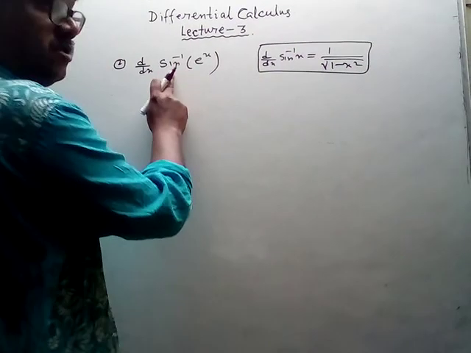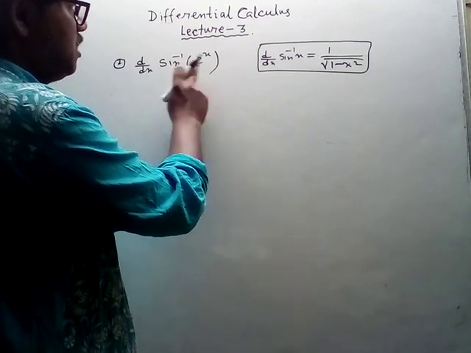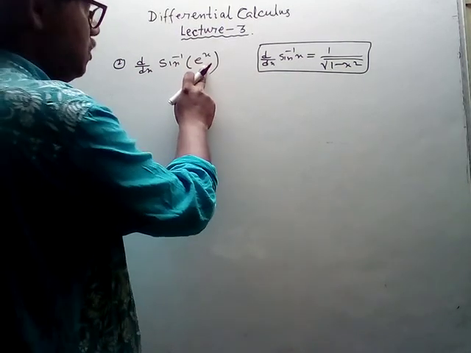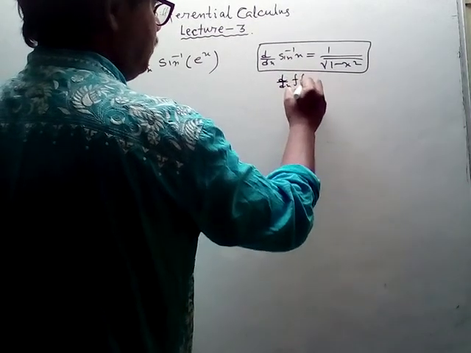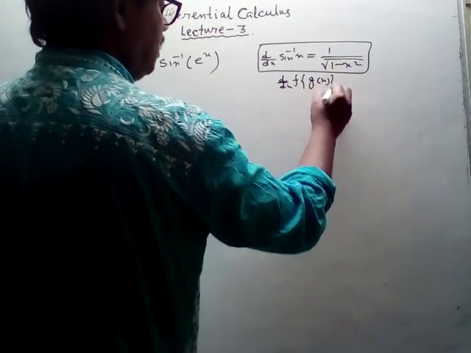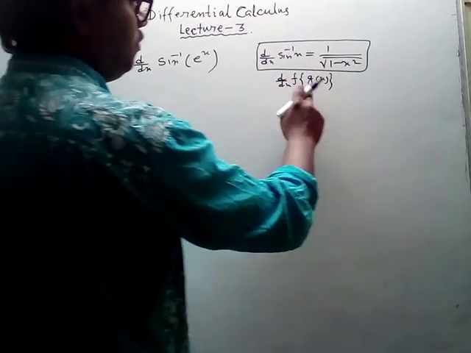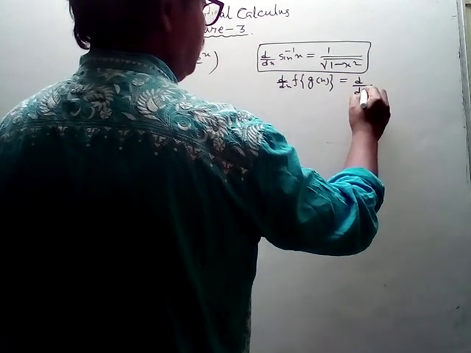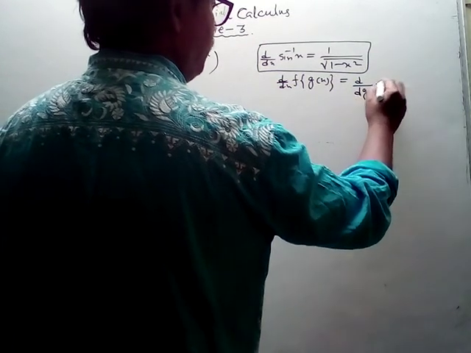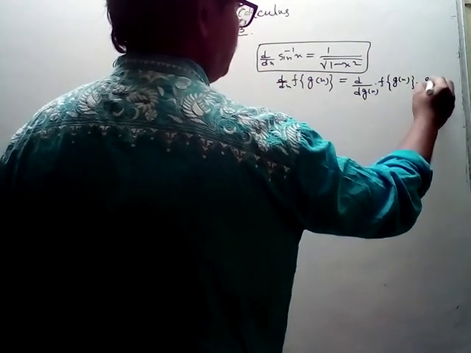Here we have composite functions. One function is the inverse function, sine inverse, the first function, and the second function is the exponential function. In lecture 2, I gave this formula: d/dx of f of g x means d/d(g x) of f of g x into g dash x.